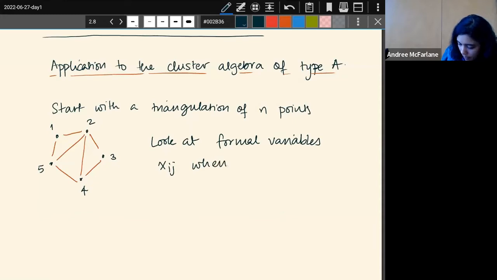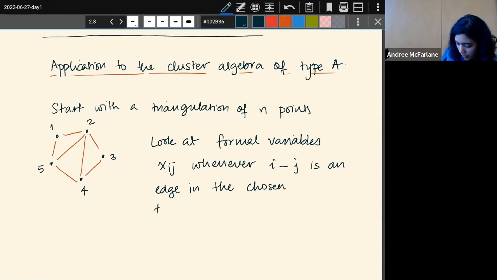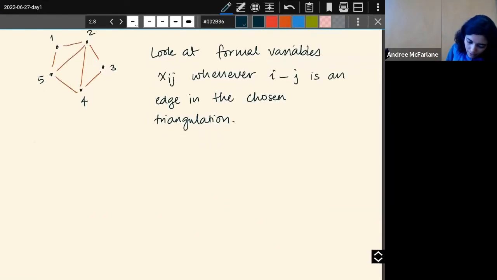Whenever i is connected to j, that is, is an edge in the chosen triangulation. In this case, of course, I always have the convex hull edges, x12, x23. I'm even going to stop writing them probably.